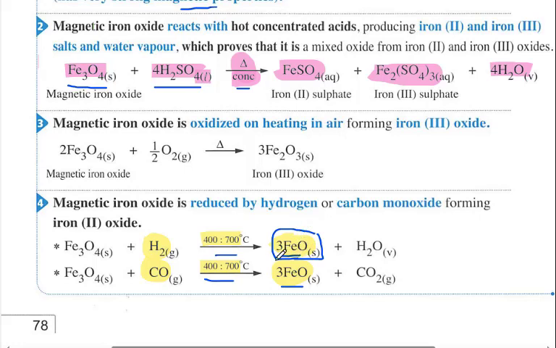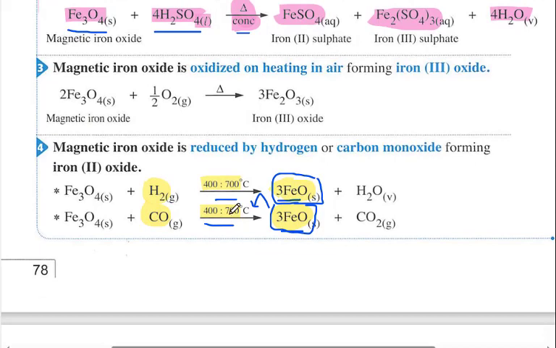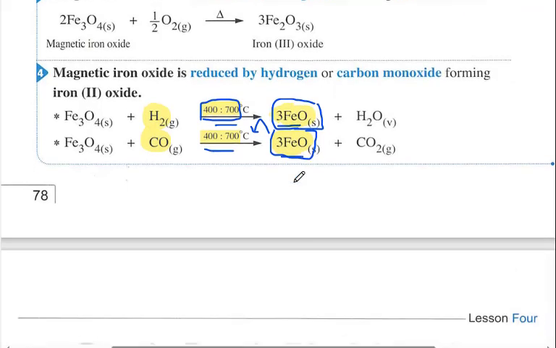So iron 2 oxide is related to this temperature, which is from 400 to 700 degrees Celsius. When you see 400 to 700, you will put in mind that the produced oxide is ferrous oxide, or iron 2 oxide.